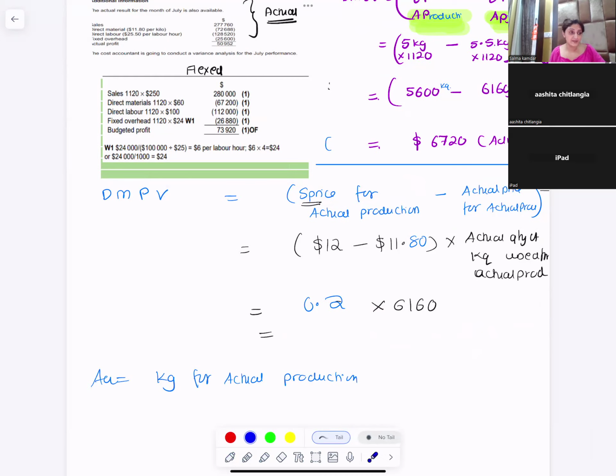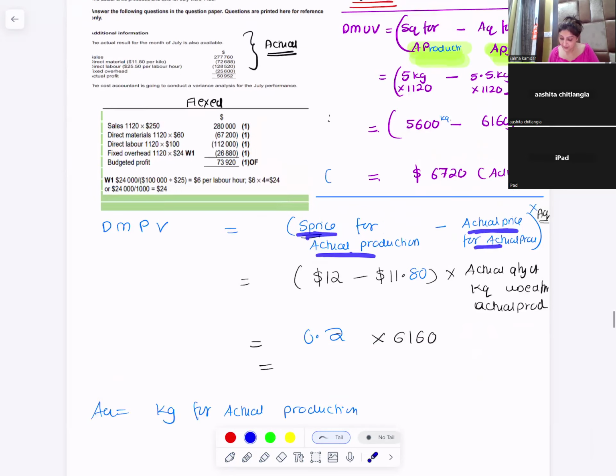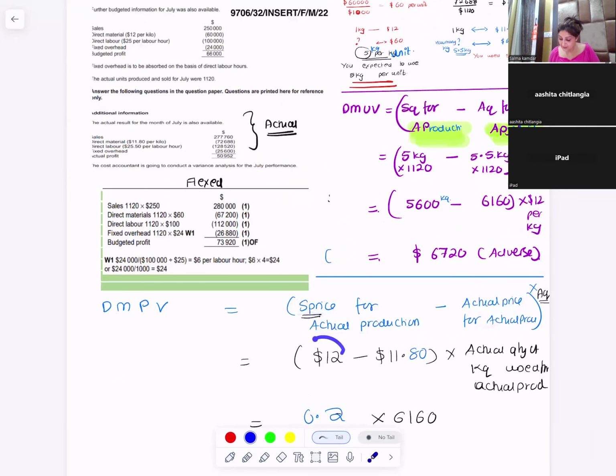Direct material price variance is standard price minus actual price. So that's $12 minus 11.80. Standard price is 12, actual price is 11.80. The standard price remains standard price and the actual price remains actual price.